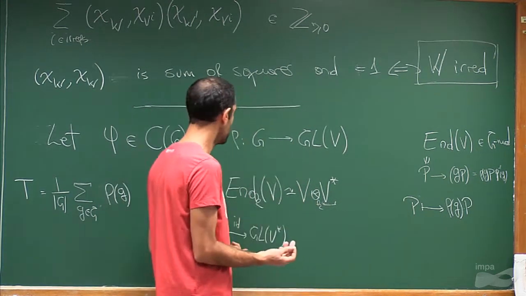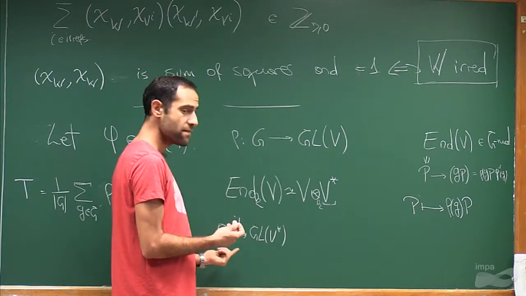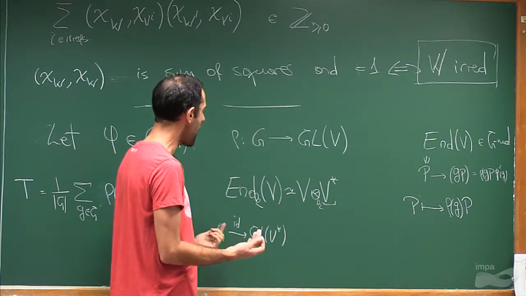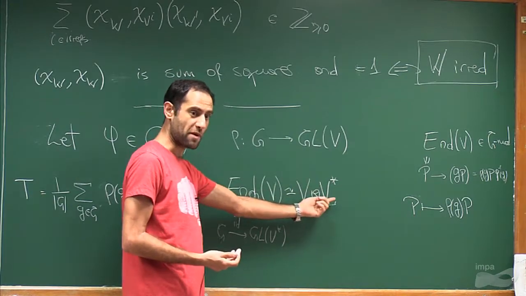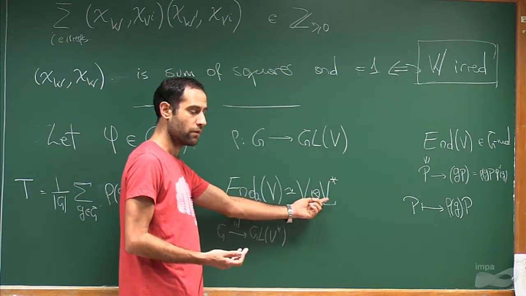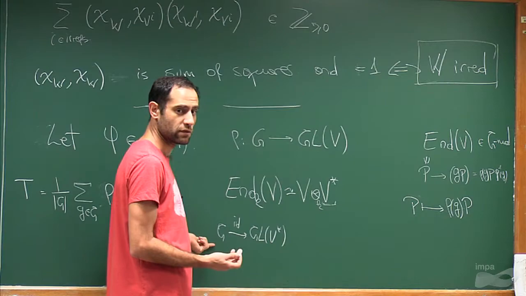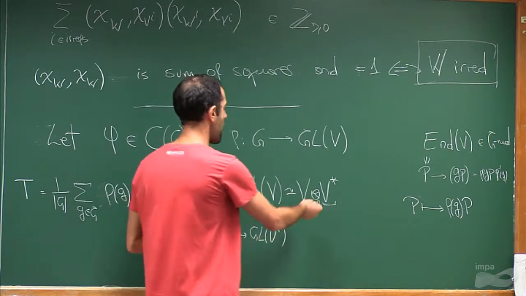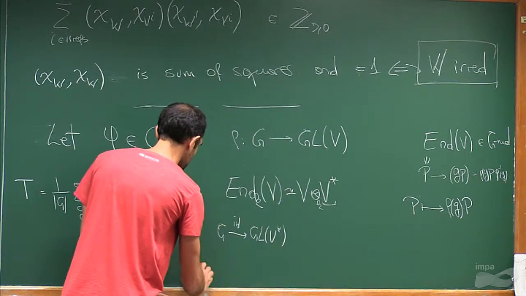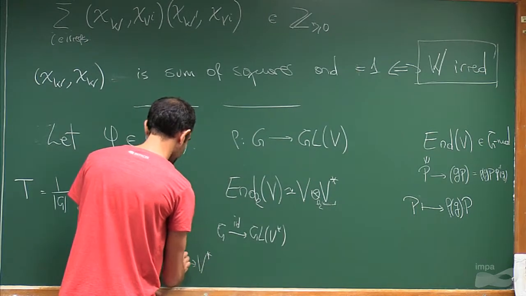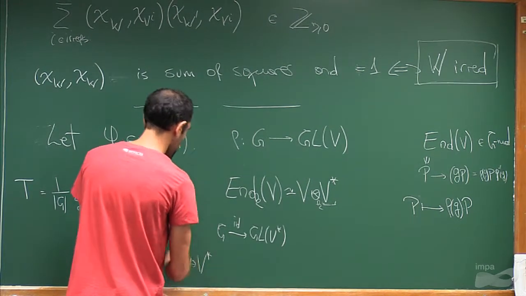On the other hand, if you have a representation V, then I've shown how to construct another representation on the dual, which is not the trivial representation. Remember, how is V star a G module in a different way? It's as follows.